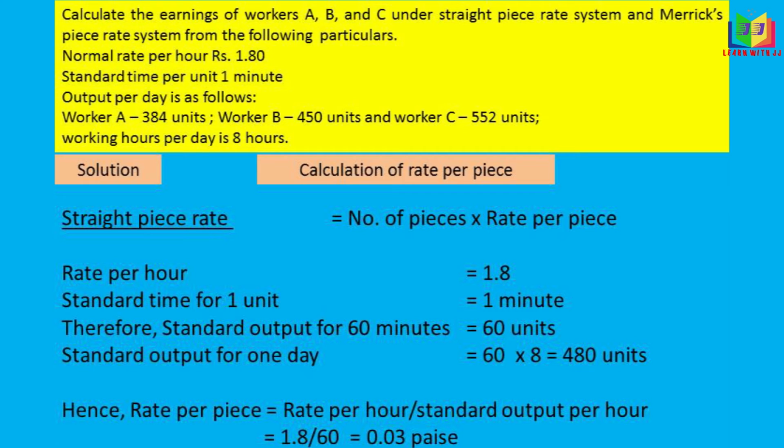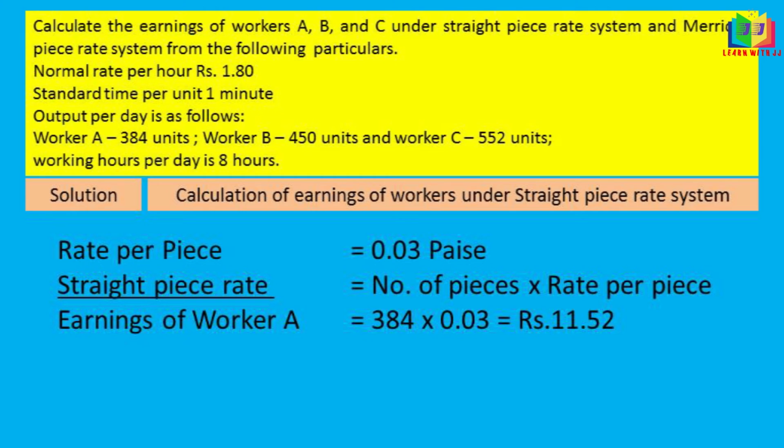So 1.8 divided by 60 gives 0.03 rupees, the rate per piece. Now we apply it in the formula. For worker A, the number of pieces produced is 384 into 0.03, so we get rupees 11.52.